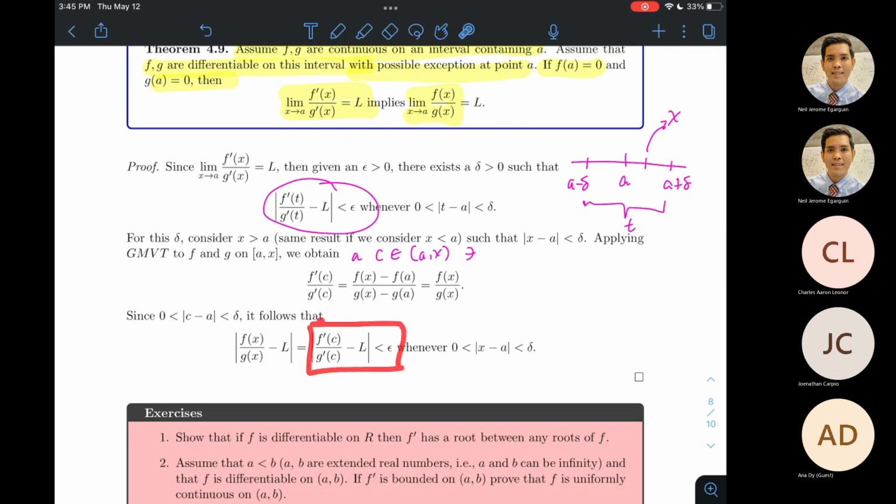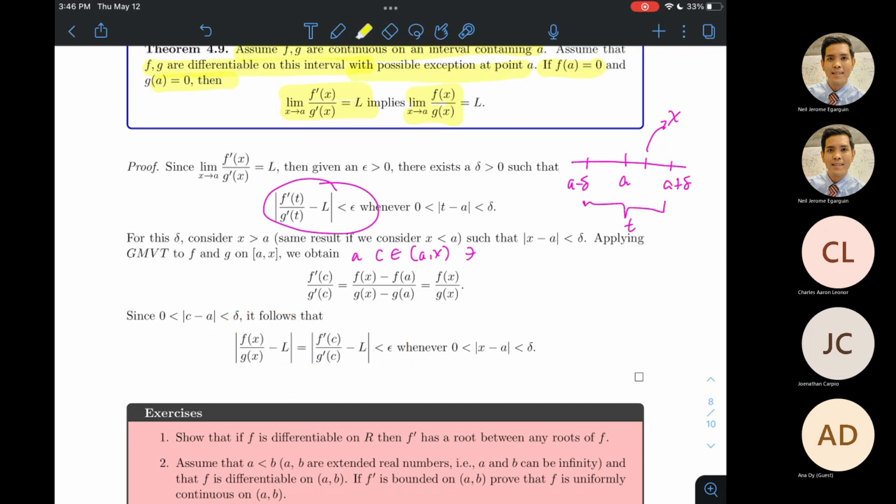Pero sabi natin kanina, na-discover natin na yung f prime over g prime of c ay equal kay f of x over g of x. So that means this is exactly this guy. So in other words, this is less than epsilon whenever this is true.